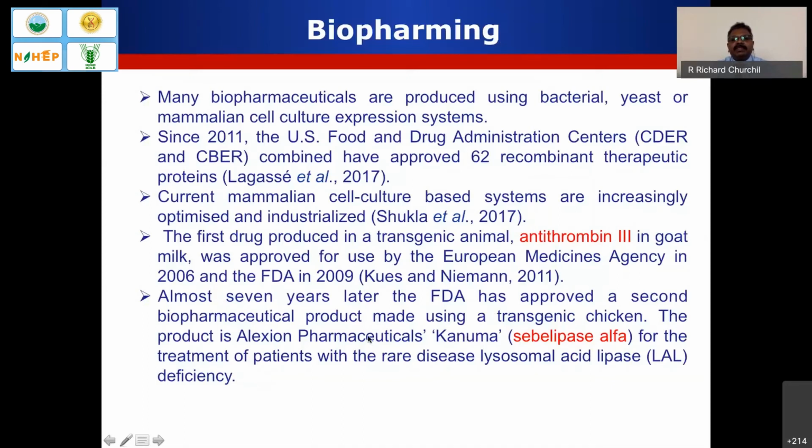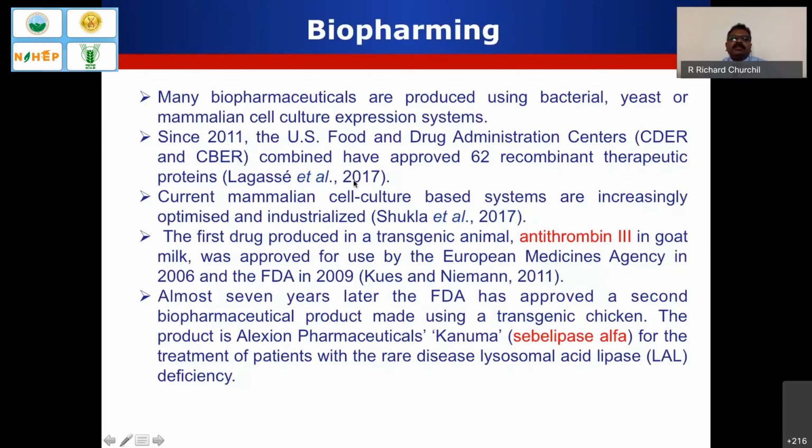After 7 years, a transgenic chicken which expresses the protein sebelipase alfa, used for the treatment of a rare disease, lysosomal acid lipase deficiency, was also approved and is available.